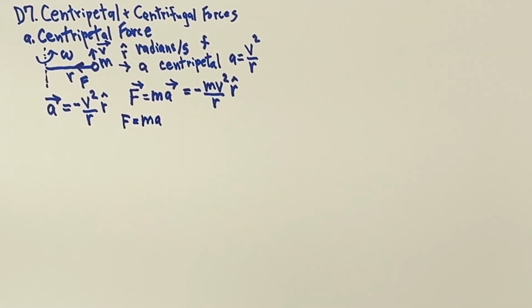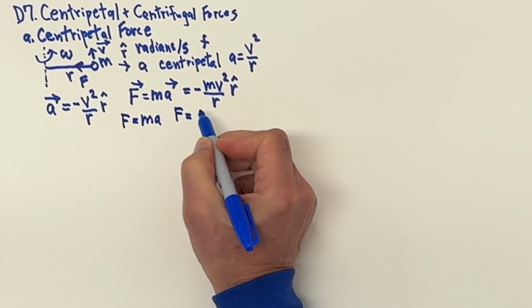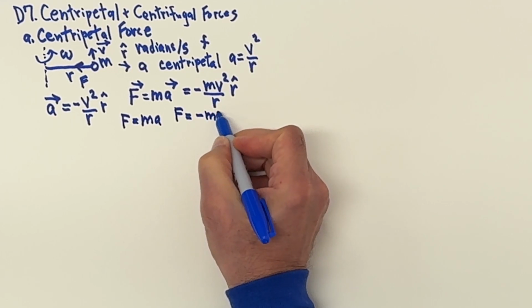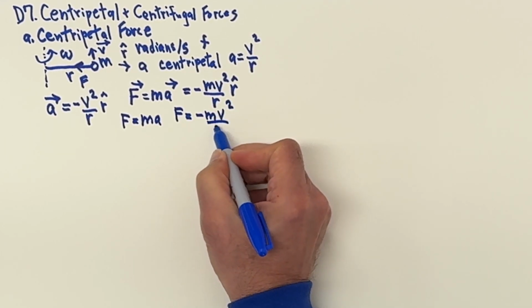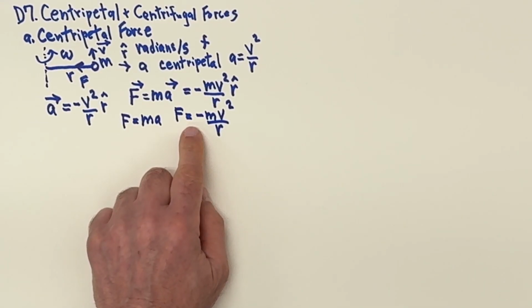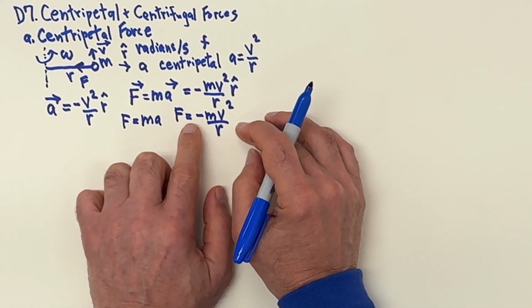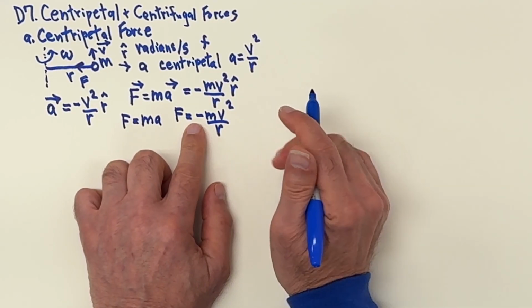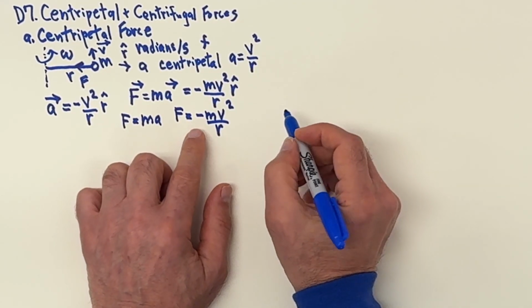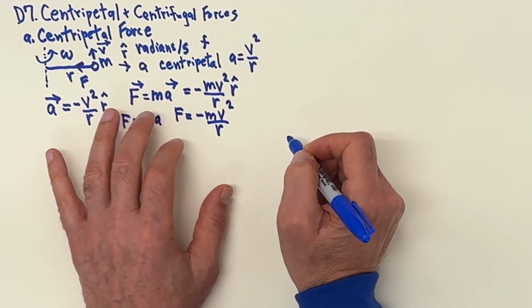And here, I would like to include the minus sign with that force to remind me that it does point toward the center. But technically the magnitude of the force could be written as just m v squared over r, but you can include the minus sign like we do in force diagrams, where if you have a force to the left, you put a minus sign. If it's to the right, you put a plus sign.